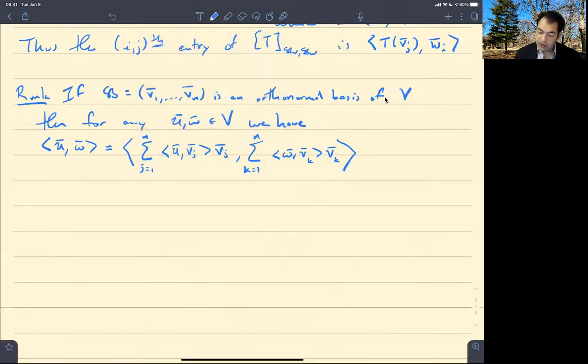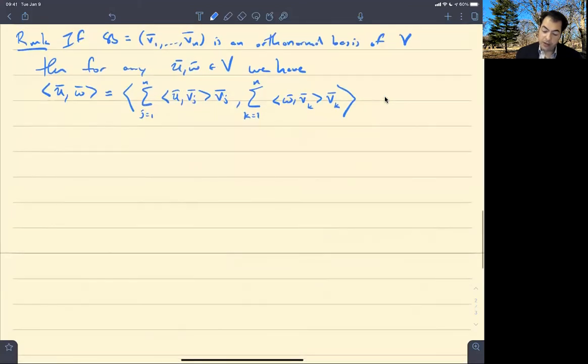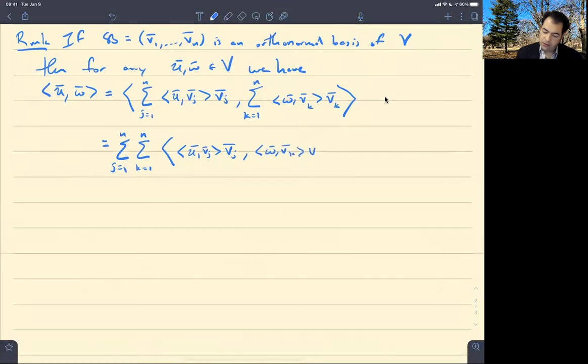Okay, so now this is an inner product, and so we know that it's linear in the first entry and conjugate linear in the second entry. So I can pull out these sums. And I'll have, well, let me do this in two steps. So I pull out the sums. And so here I'll have the inner product of u with vj times vj. And here I'll have the inner product of w with vk times vk.